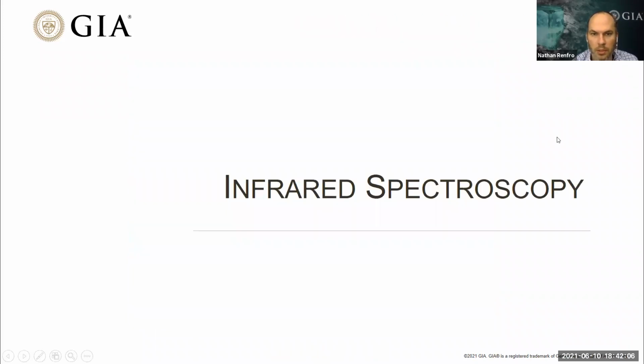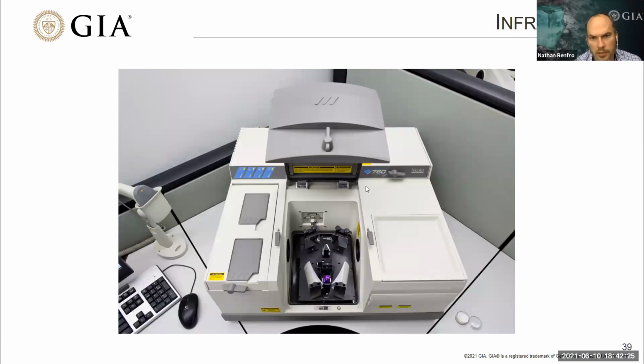Okay. So infrared spectroscopy, as I mentioned earlier, when inclusions aren't sufficient to make a determination about the natural or synthetic origin of an emerald, we can often look to infrared spectroscopy to help make that determination. So this is what a typical infrared spectrometer would look like.